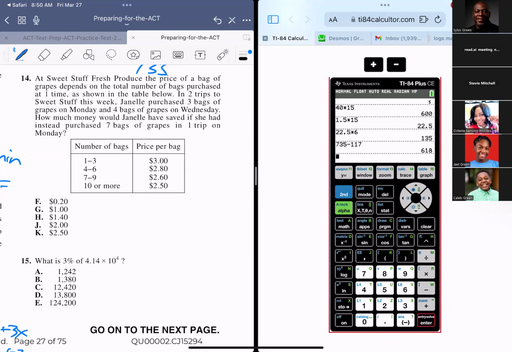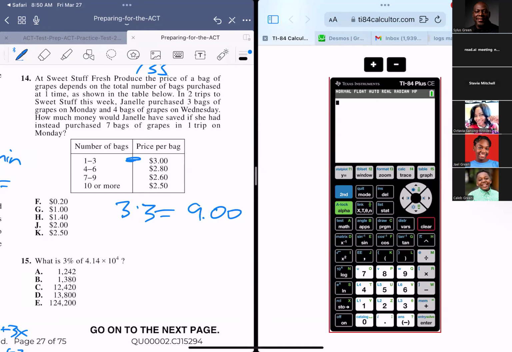Okay, so when she purchased 3 bags, the price per bag was $3 according to this chart. So 3 times 3, that's $9. When she purchased 4 bags on Wednesday, the price was $2.80 per bag. So if I say 4 times 2.80 in my calculator, that's $11.20. So $20.20.